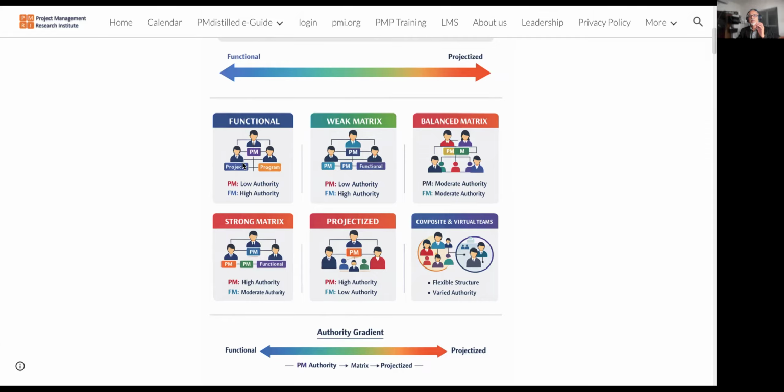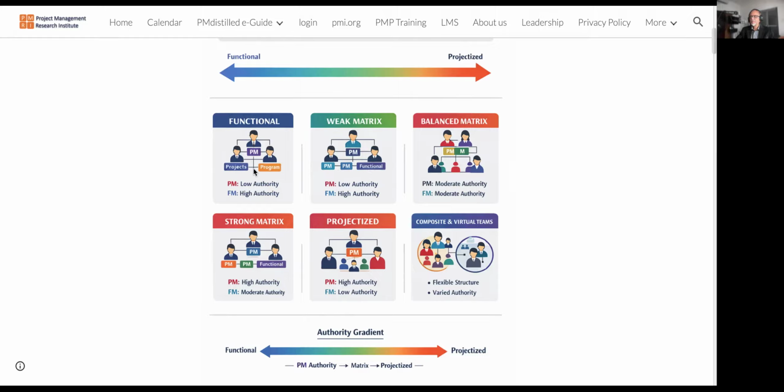So the whole organization is divided based on their various functions. We call it a functional organization. And if we execute a project within a functional organization, the functional manager has more authority than the project manager.